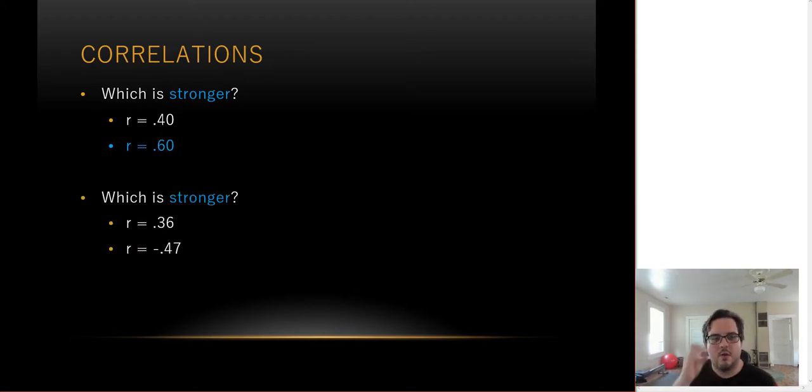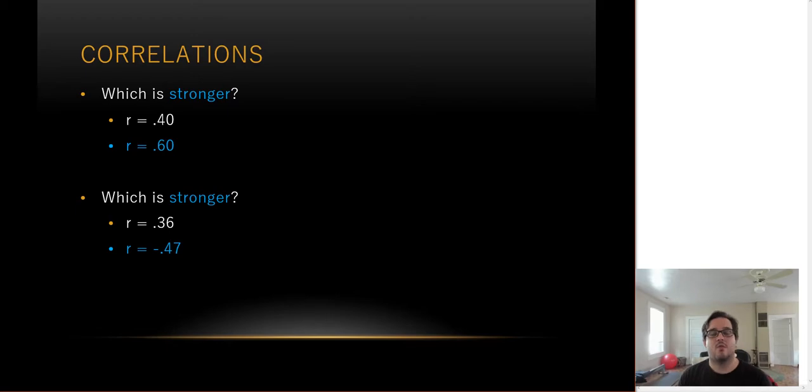All right. Well, how about this one? Which one is stronger? Again, which one of these numbers is further from 0? The answer here is the negative 0.47. If you got this wrong, you may be following an intuition that you have, that negative numbers are smaller. In a way, you're right.